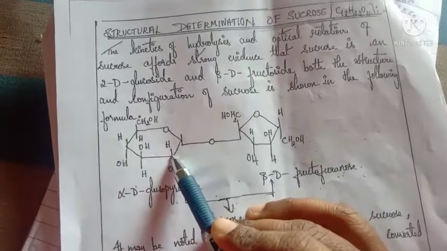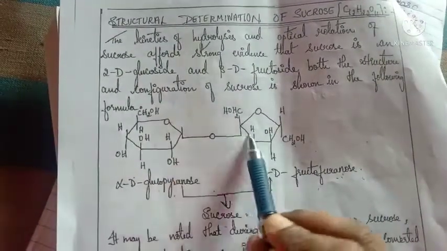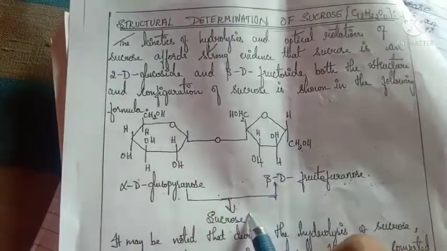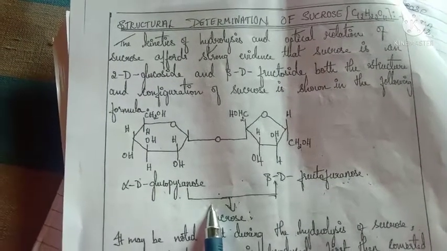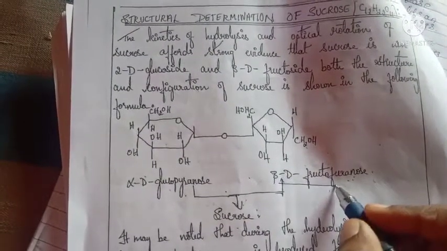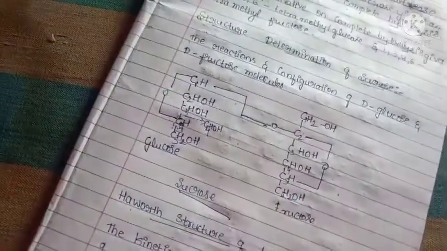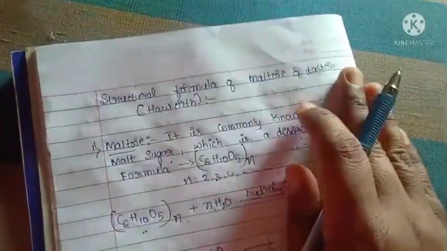This is the pyranose ring and this is the furanose ring. This is the glycosidic linkage between C1 and C2, and this sucrose, on hydrolysis, gives first beta D fructofuranose, which is then converted into beta D fructopyranose. Another disaccharide is there: one is maltose and another one is lactose.